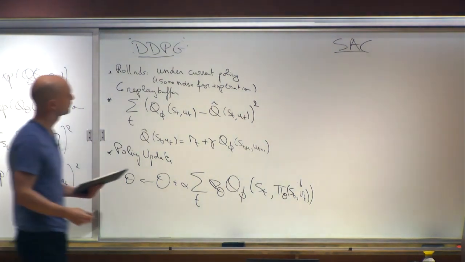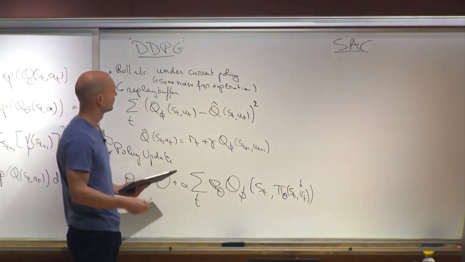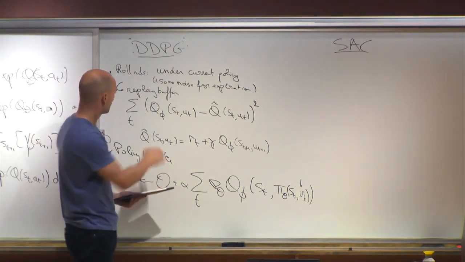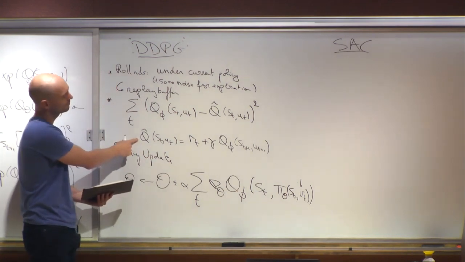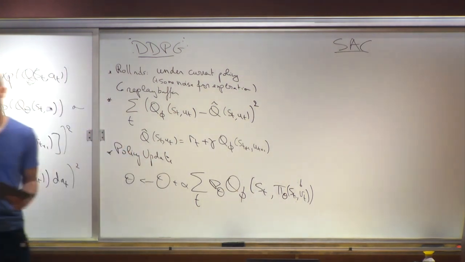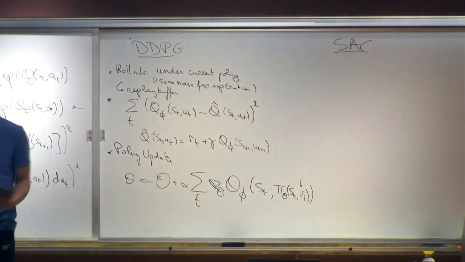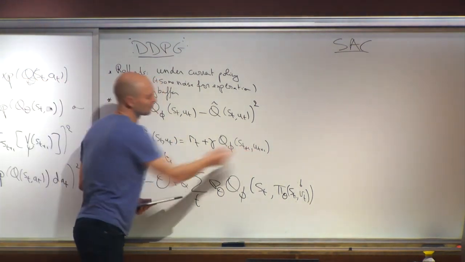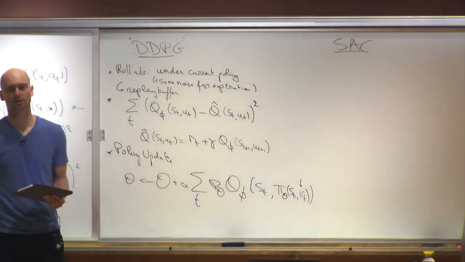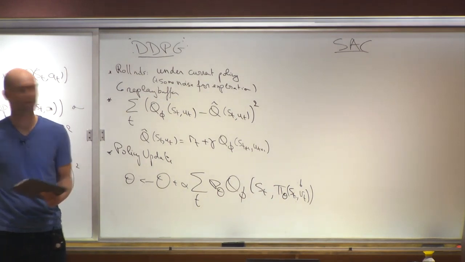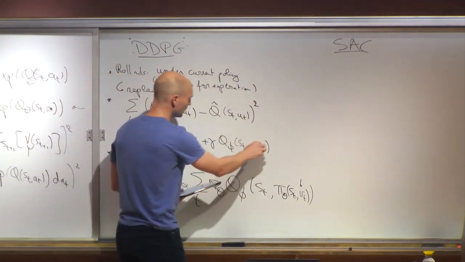Well, the way we can correct for it is to say, as we look at the target Q value here, we're trying to get the Q value under the current policy. But the action ut plus 1 coming from the replay buffer is an old action from an old policy. So what can we do? We don't actually put ut plus 1 here.